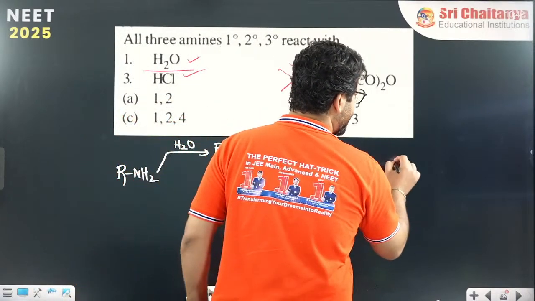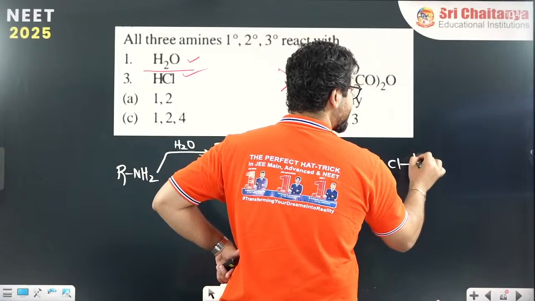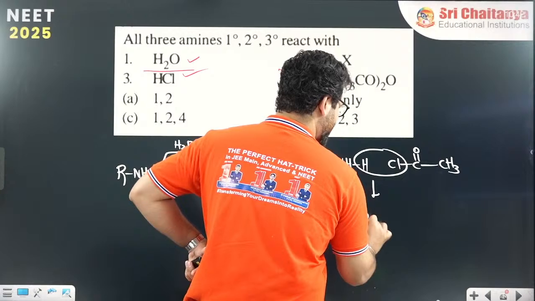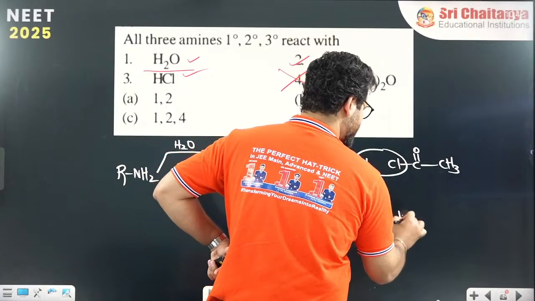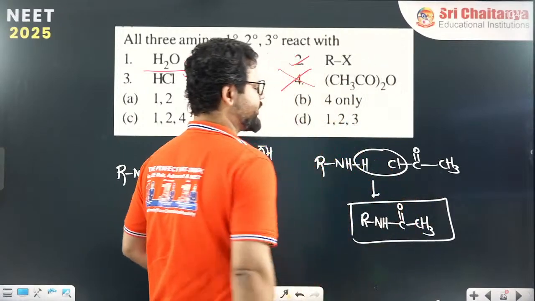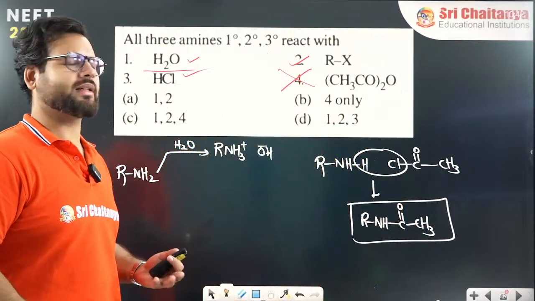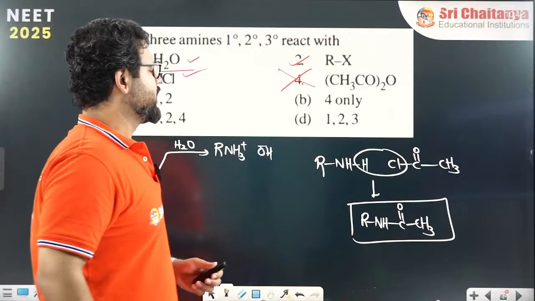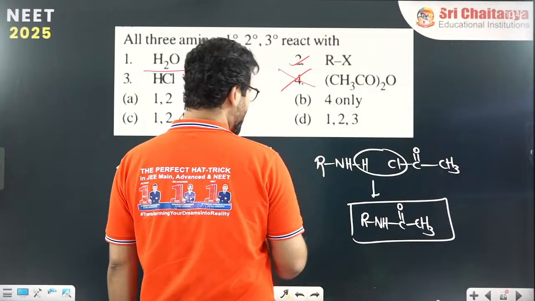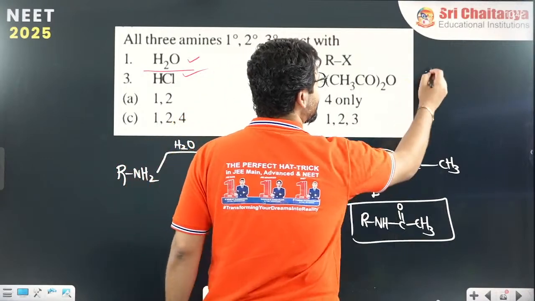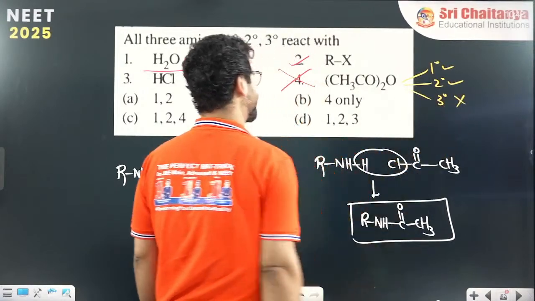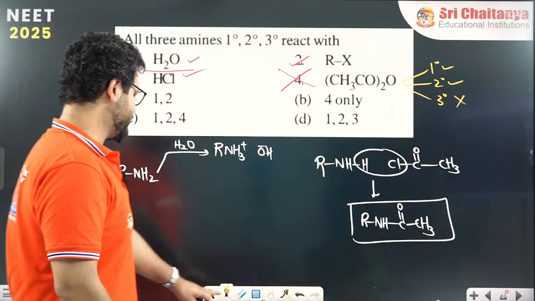So when I react with acetyl chloride, let's say, just remove HCl from here and make RNHCOCH3. This is acylation, just like Friedel-Crafts acylation of benzene, this is acylation of amines. So to do acylation, you need to have at least one hydrogen here. Tertiary will not react here. Primary will react, secondary will react, tertiary will not react. So 1, 2, 3 is the answer.